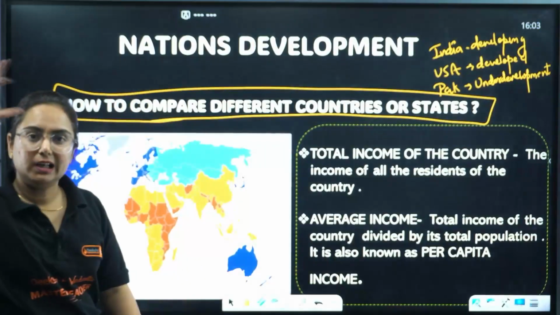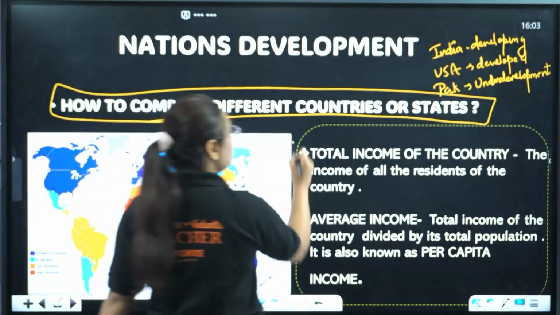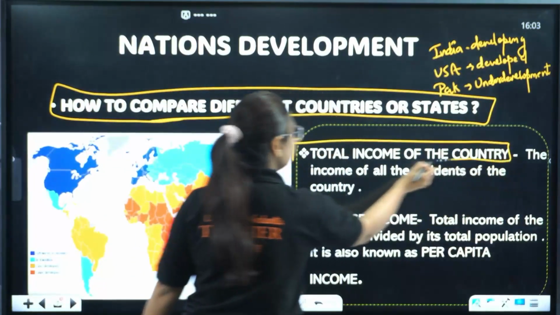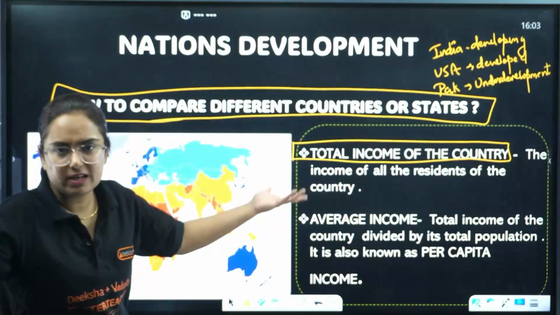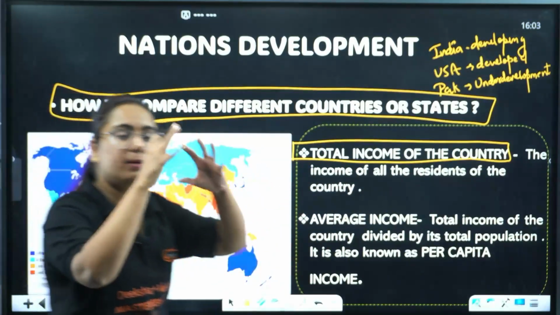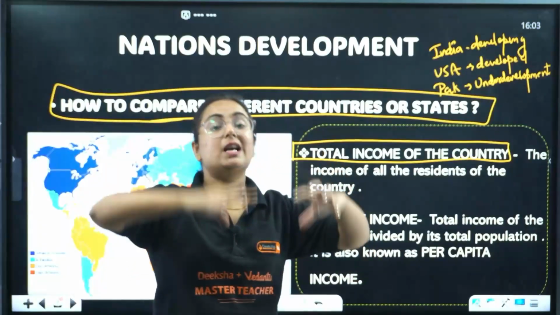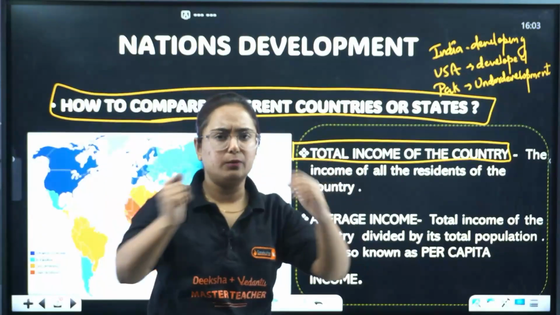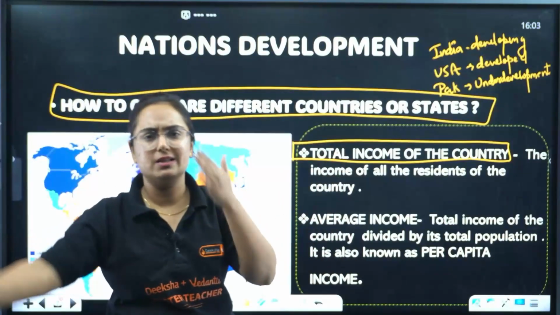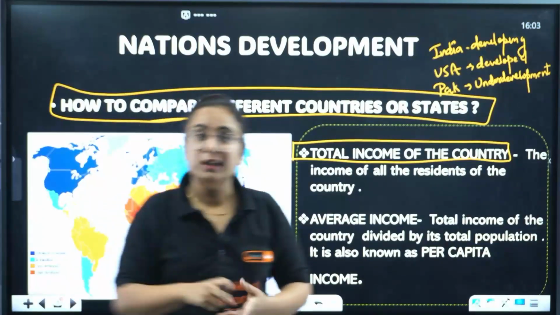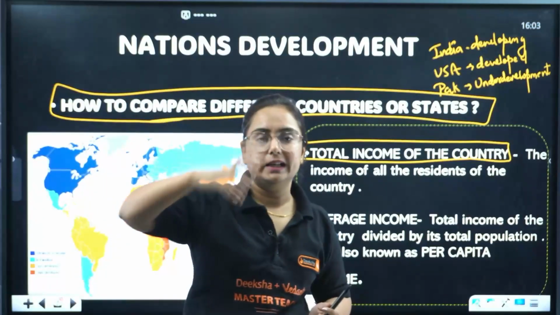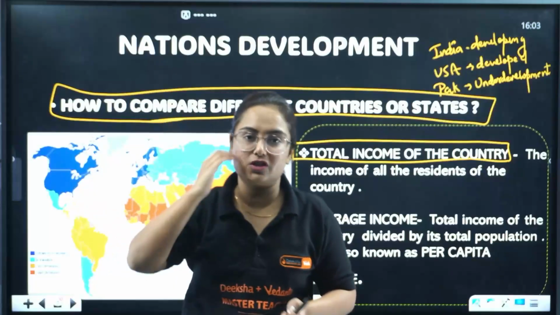So the world leaders out there, the first criterion they adopted was the total income of the country, as we were thinking. If we want to compare one country with another, we will see which country earns the most. Like right now you might be listening to the news that India has dropped to 6th position in GDP.